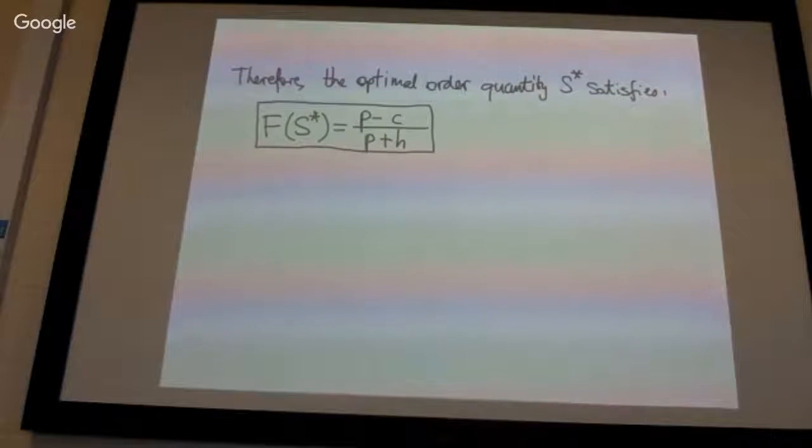So let's go back to the example. What do we have? We still have that one.